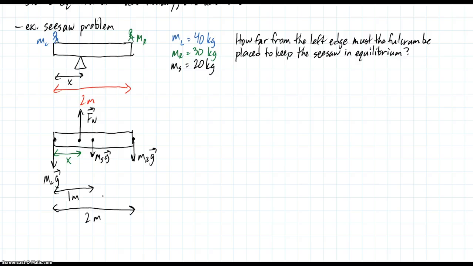And so I'm going to say that the pivot point here is the actual pivot point of the seesaw if it were to start rotating at the fulcrum.